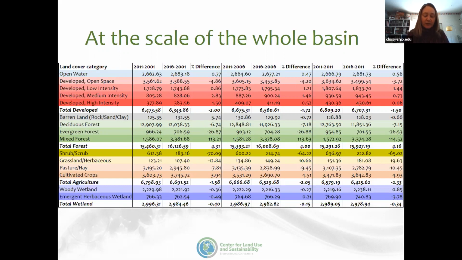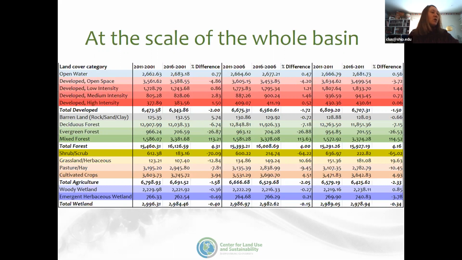So when we look at the combined, for example, forest classes, you can see that the 2016 edition estimates between 4 and 4.31% more forest than the 2011 edition for the 2001 to 2011 time period. Agricultural classes combined are estimated to be 1.58 to 2.33% lower in the 2016 edition for 2001 to 2011, and urban classes combined are about 1.5 to 2% lower in the 2016 edition compared to 2011.